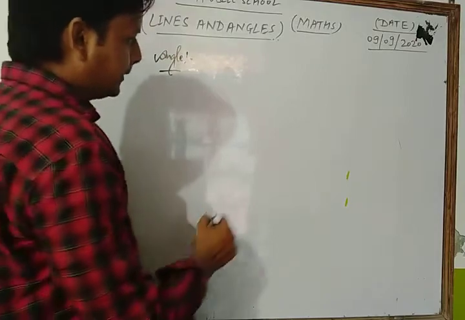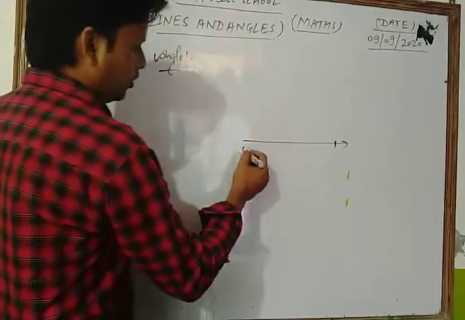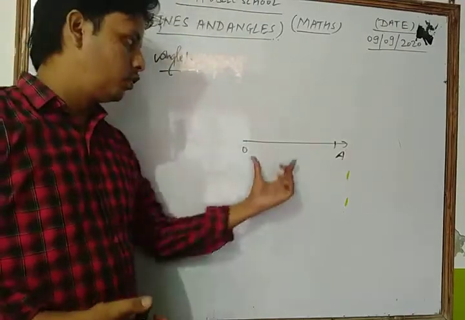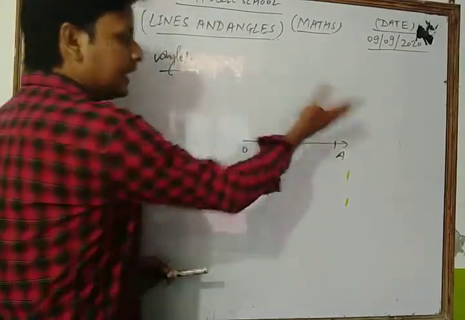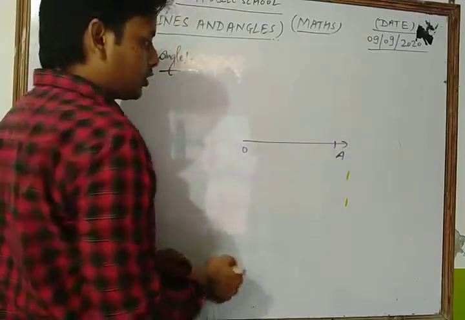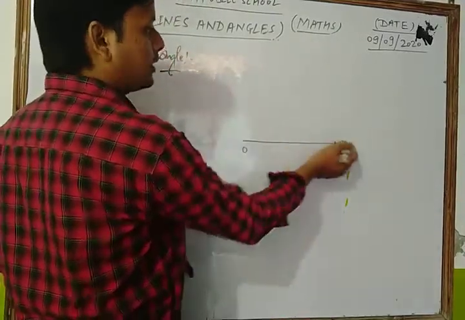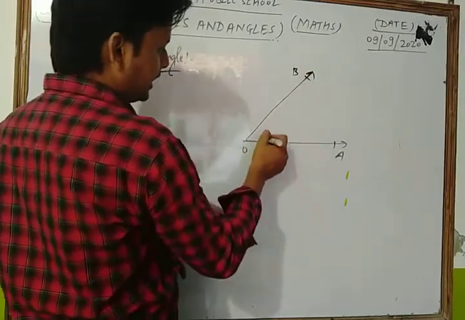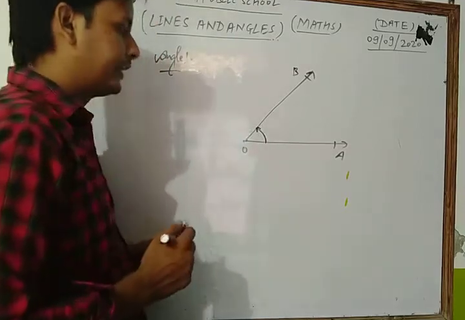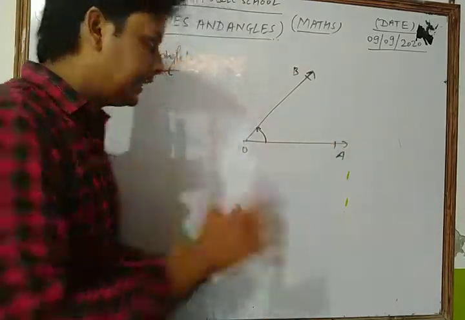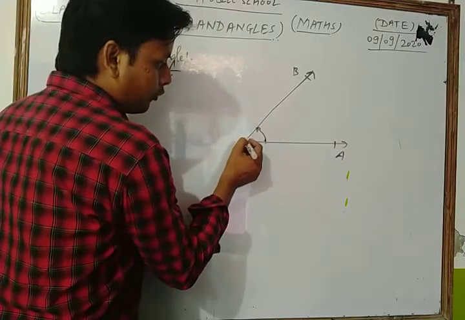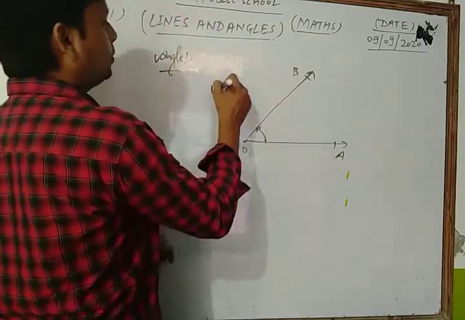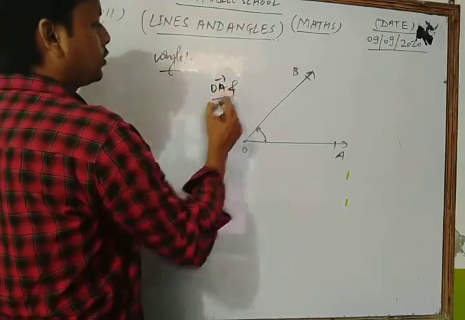Dear students, let OA be a ray, and suppose that the ray rotates in the anti-clockwise direction and reaches OB. Here OA and OB are two rays.